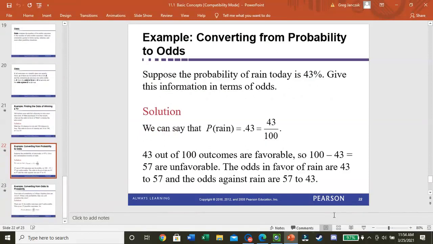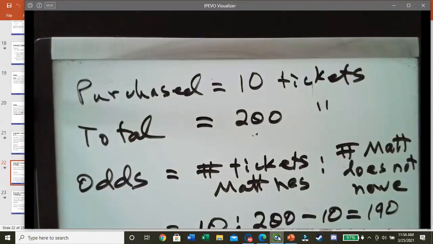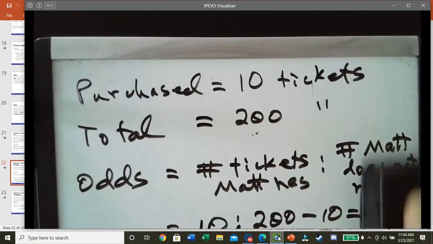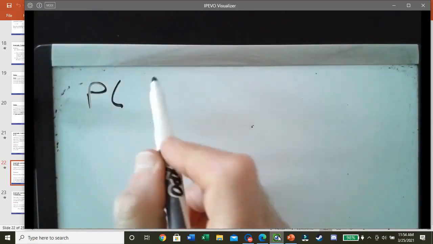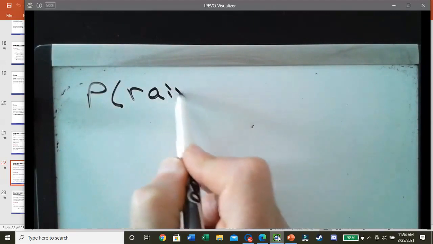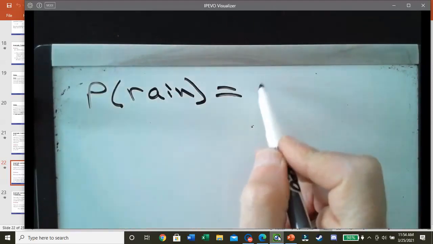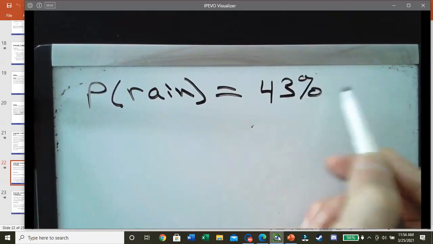All right. So here, suppose the probability of rain today is 43%. Give this in terms of odds. Okay. So I'd like for you to try this one. So the probability that it will rain is 43%.